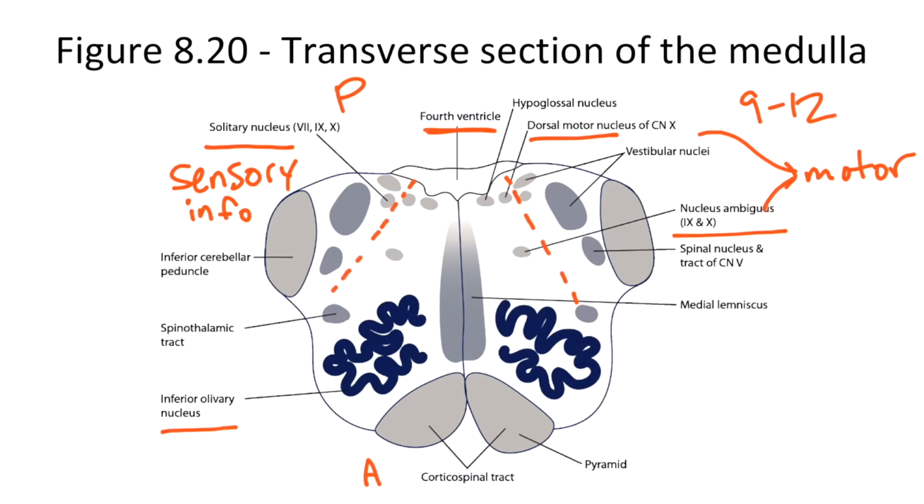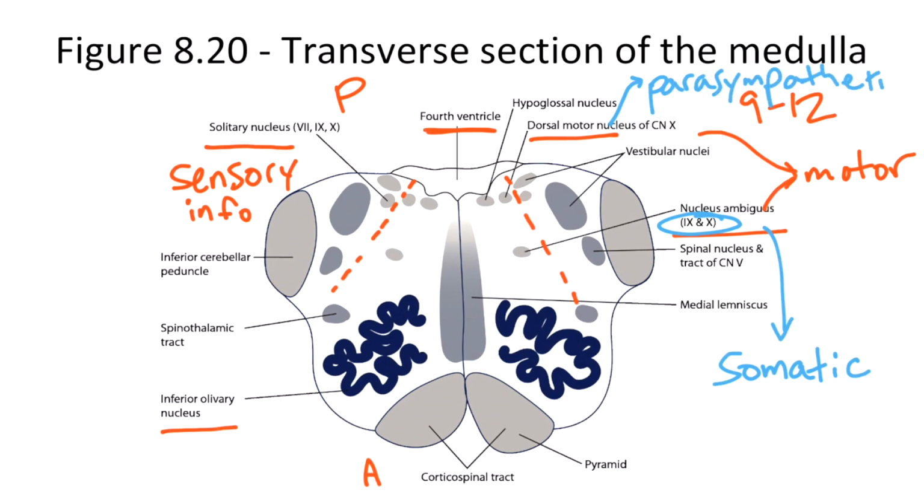For step 1, you need to know that the nucleus ambiguus is a large nucleus that spans much of the brainstem, and the dorsal motor nucleus is found in the medulla. The nucleus ambiguus contains somatic motor information, and this is for cranial nerves 9 and 10. And you also need to know that the dorsal motor nucleus contains parasympathetic motor information.